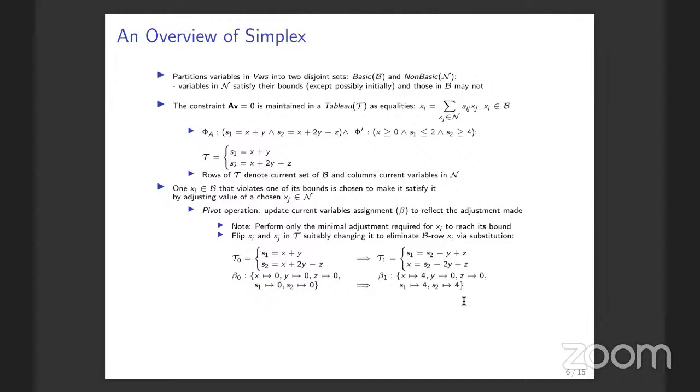So that is the pivot operation. And what simplex does is it repeatedly performs this pivoting operation until it hits sat or unsat. Okay.